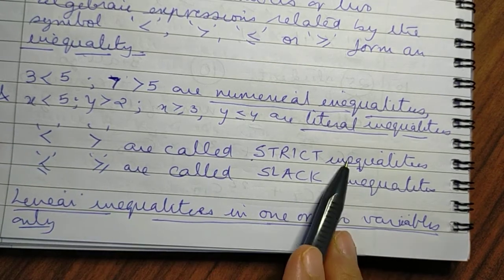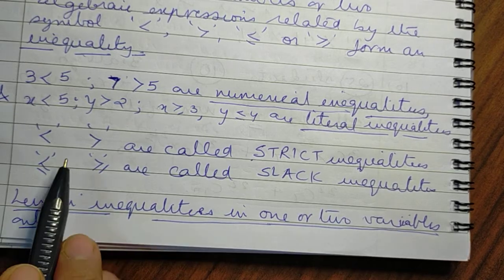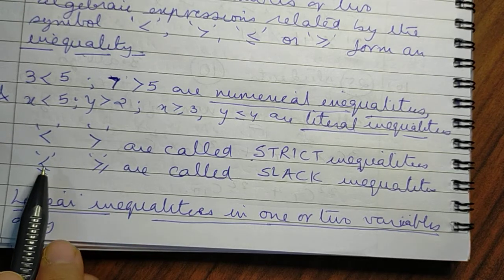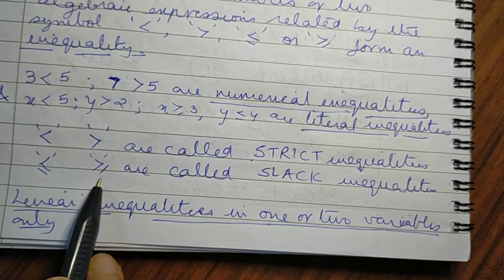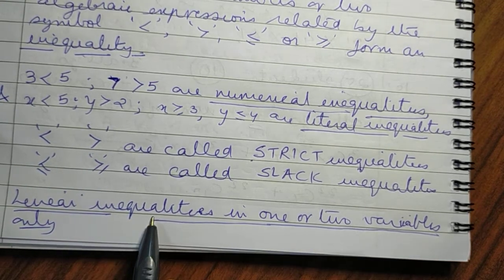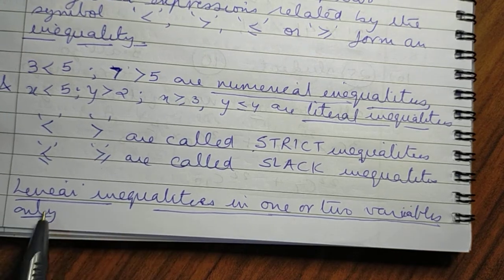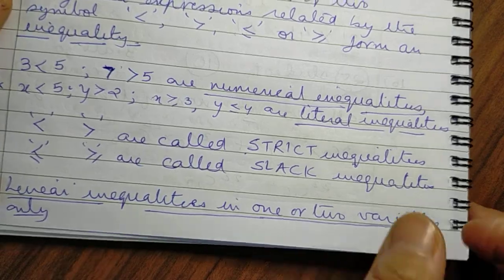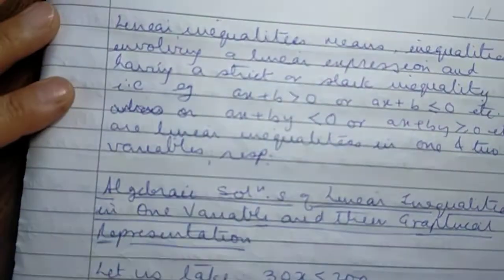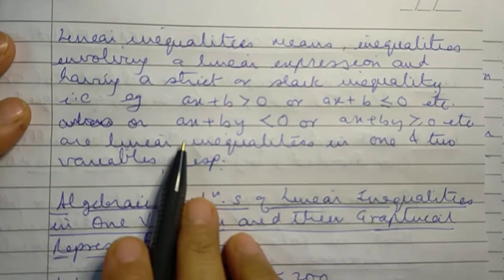Such are called strict inequalities. Whereas the inequalities which involve an equal to sign along with less than or greater than are called slack inequalities. Now in this chapter we are going to deal with linear inequalities in one or two variables only. We are not dealing with any other kind of inequalities.